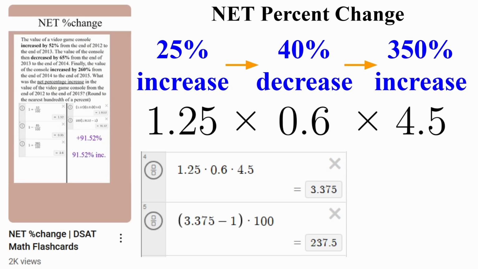Then to find the net percent change, take away 1 and multiply by 100. We get positive 237.5, and because it's positive, that's an increase. So doing all those percent changes in a row gave us a net 237.5% increase. Again, if you want a deeper dive, go watch that video on the left side of the screen.